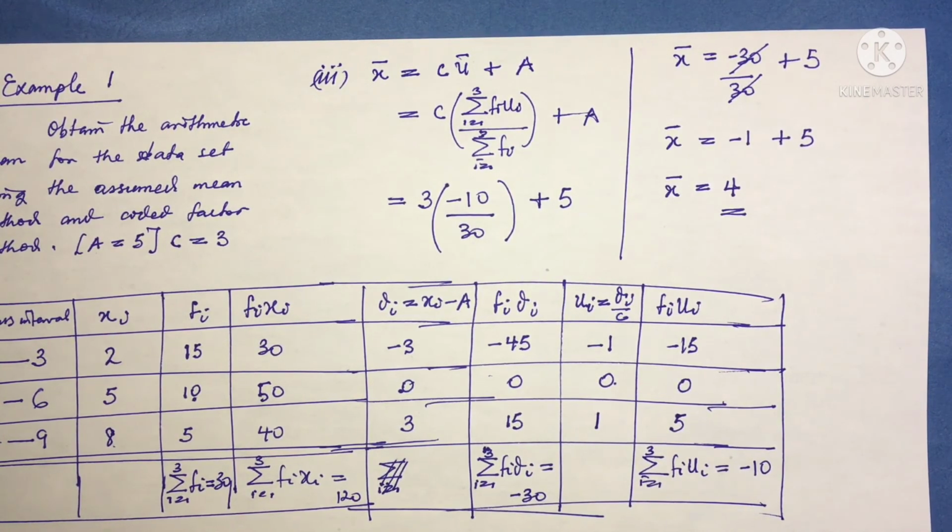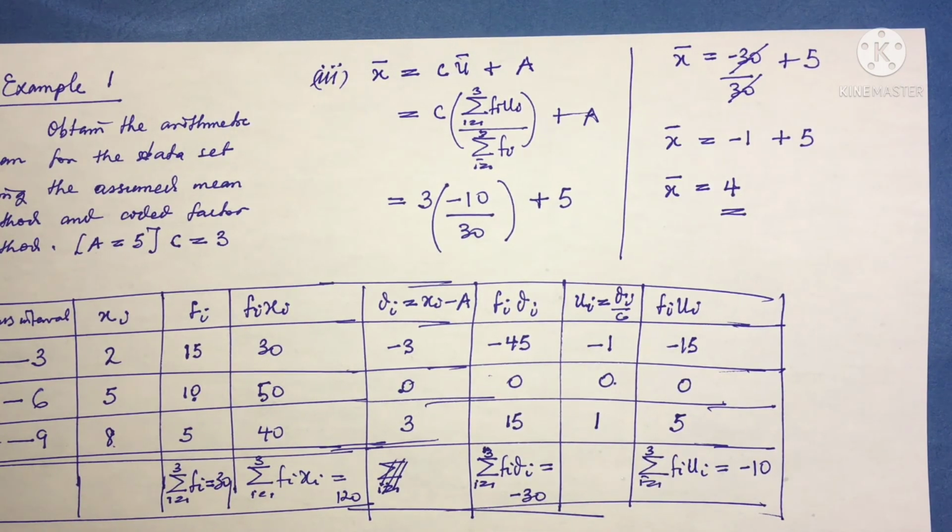Now I'm going to tell you one thing before I end this video. Take note. The reason why we had exactly the same values was because we did not approximate. In the course of our computation, we did not approximate any value. If it so happens that approximations are involved in your computation of the arithmetic mean using the assumed mean method and the coded factor method, then it is very possible that your means will not converge to the same value exactly.